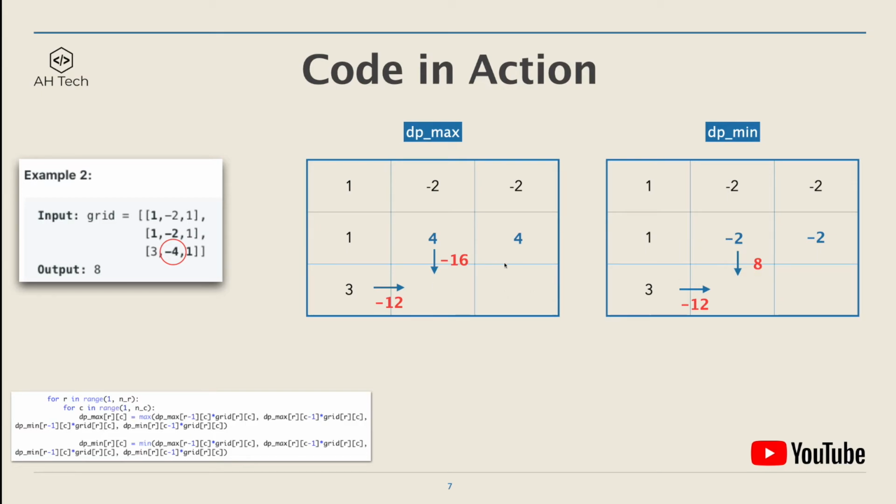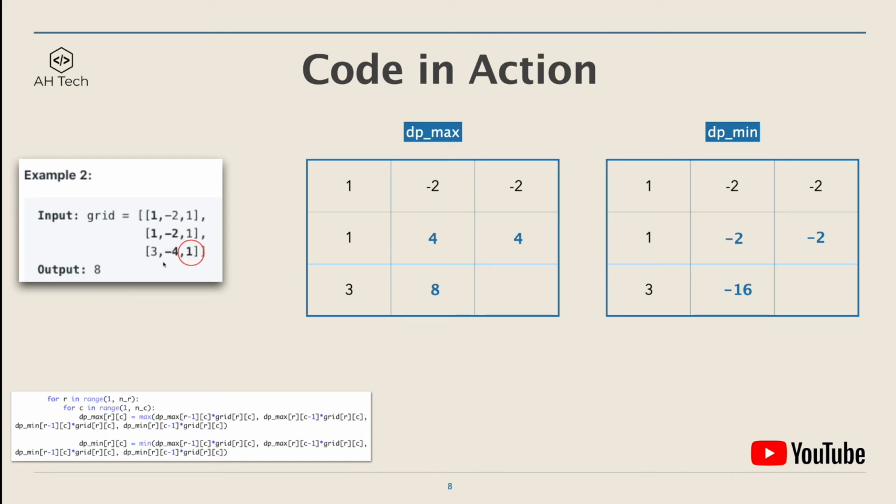So the maximum among these 4 values is 8, so we will put 8 in DP max. And the minimum is -16, so it's -16 in DP min. You can see that in this case, the value in DP max is actually updated from the product in DP min. That is the main reason we also have to keep a DP min matrix along all paths.